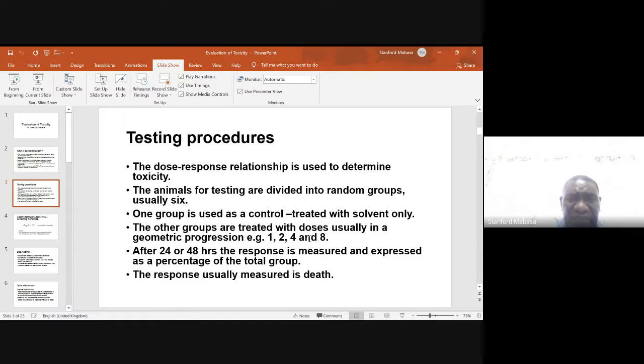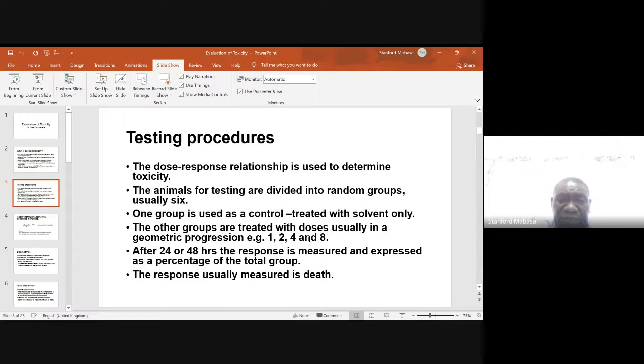So you can have the animals for testing divided into random groups, usually 6. One group is used as a control. This may be treated with a solvent only, not with a pesticide.